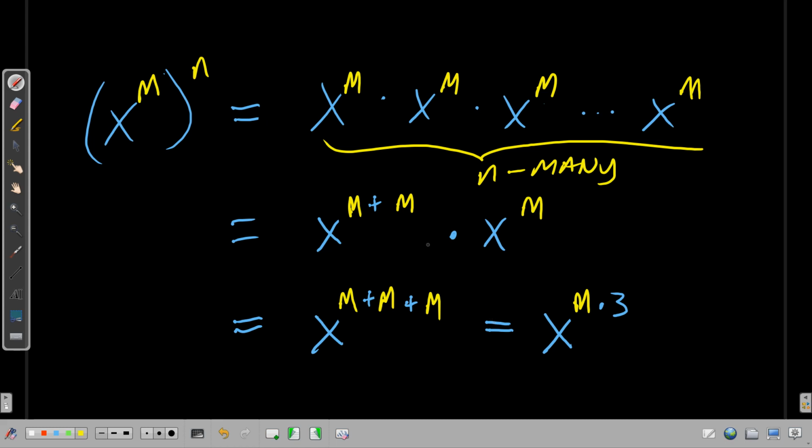If you have n many of them being multiplied together, then perhaps right here I could add together the first n minus 1 of them, and then the nth one is right there, so that when it was all said and done, actually you don't even need this step.